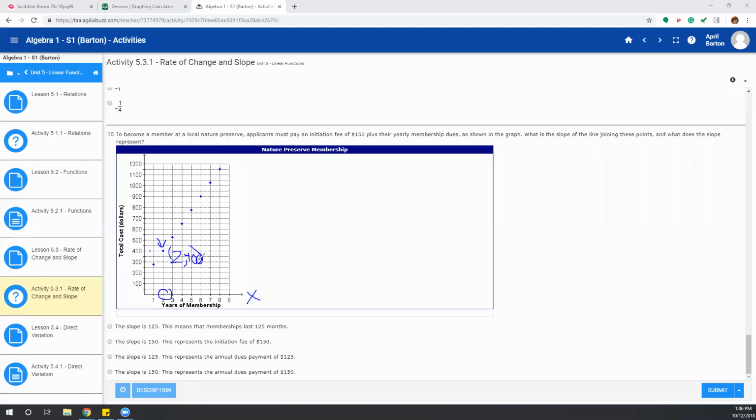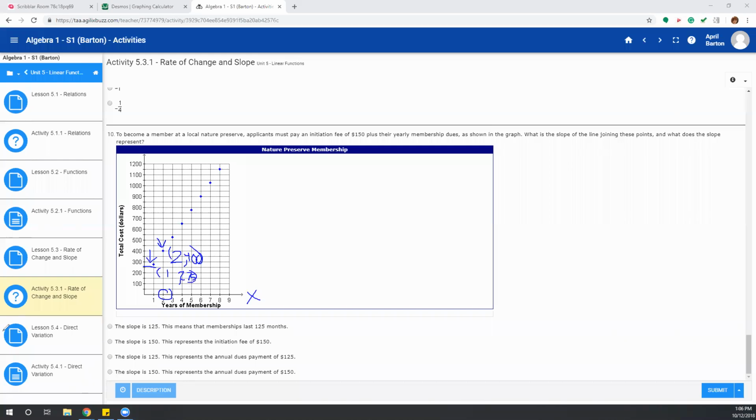And how about this coordinate? 1 and looks like 250. I would say 275. 250 would be exactly that line in between 2 and 300. Okay.